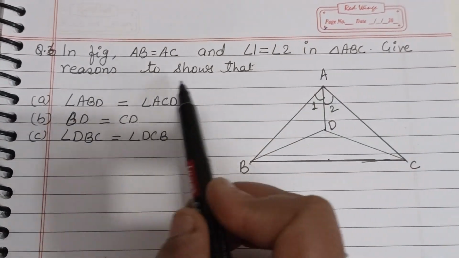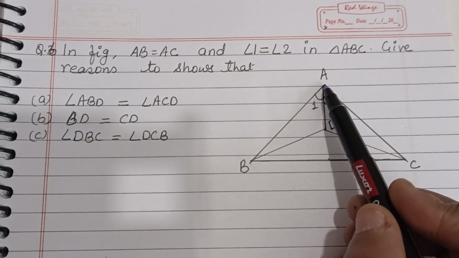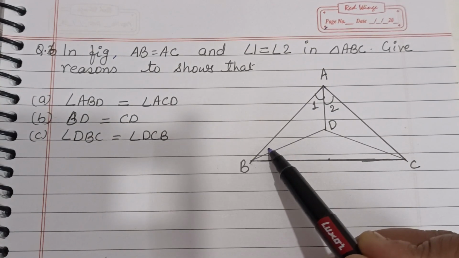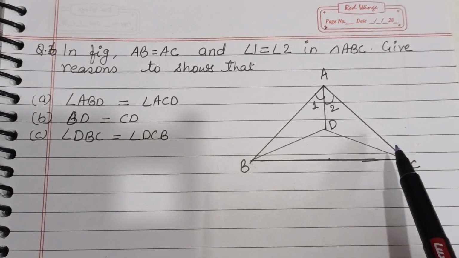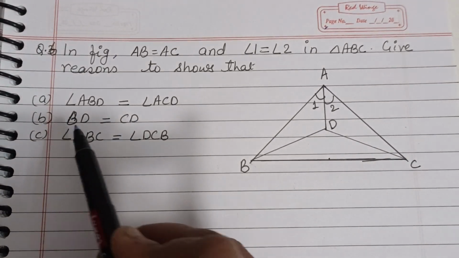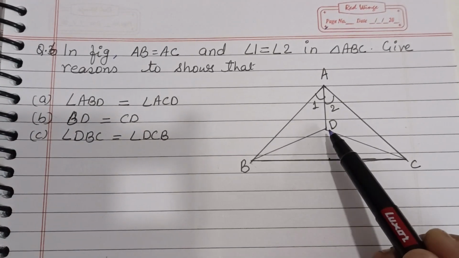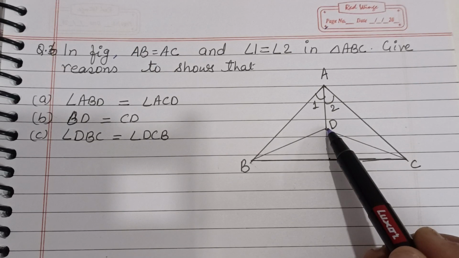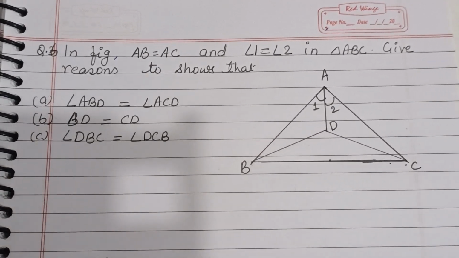Now give reasons to show that angle ABD equals angle ACD. Also find out BD equals DC. Then the third thing they are asking, angle DBC equals angle DCB, that you need to find out.